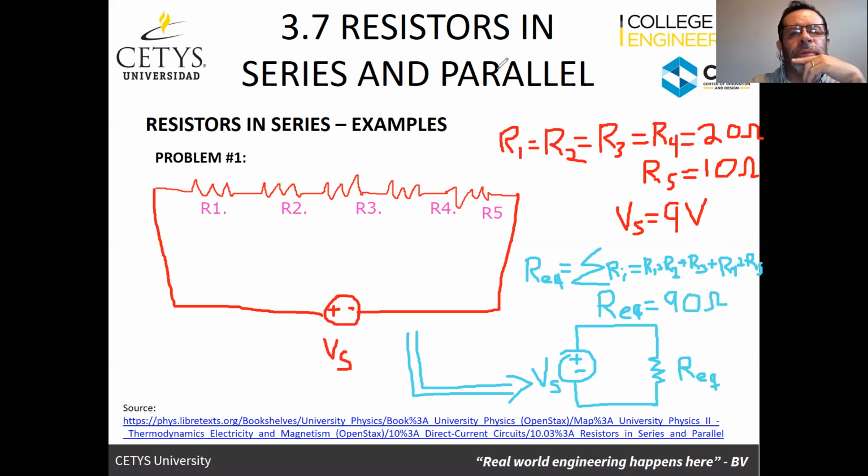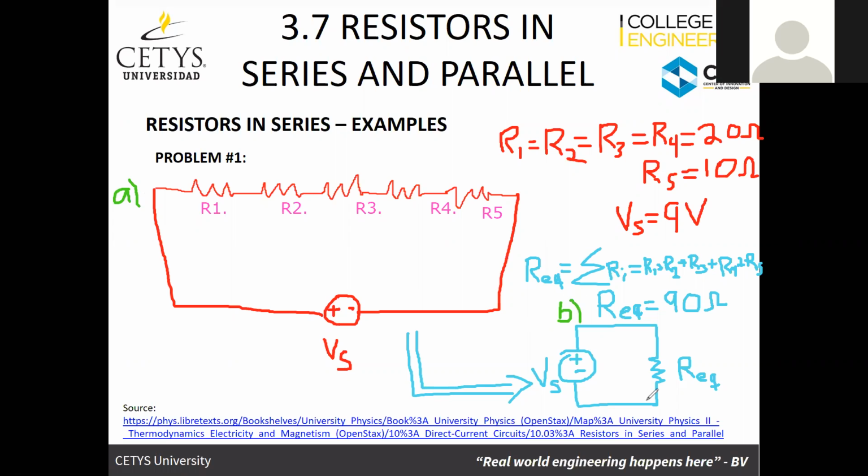According to what we defined in the problem, this is A, which is drawing the circuit, and this is B, which is the equivalent resistance. Questions up to this point before we break? No questions. Okay, good. We're going to do a break, and we'll be back.